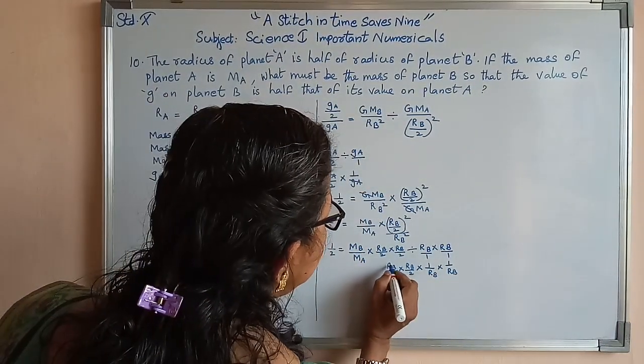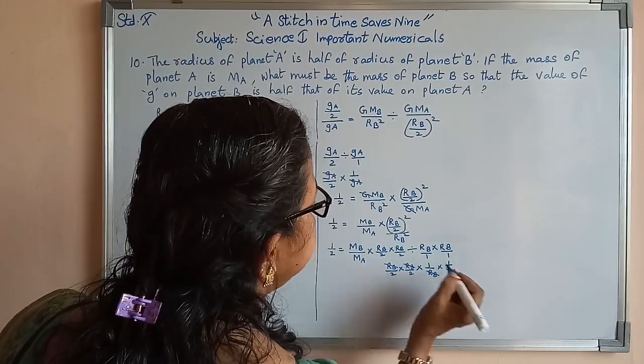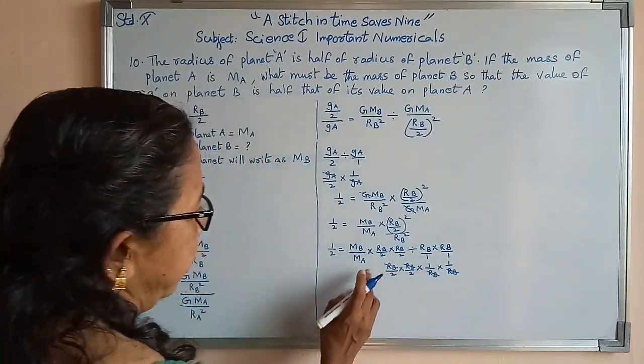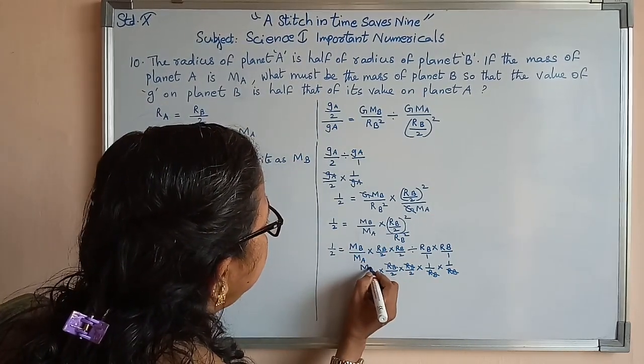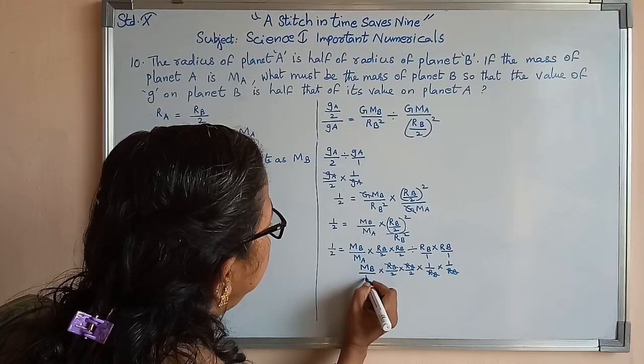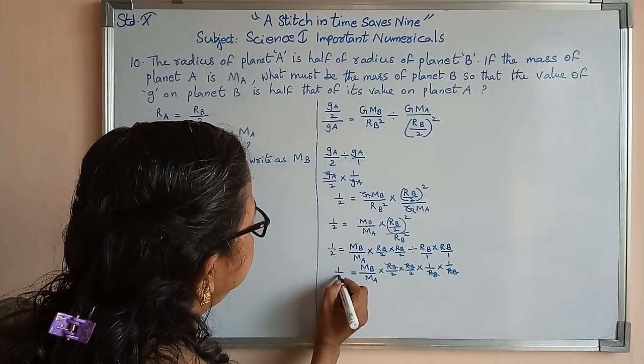So here this cancels, this cancels, this cancels and this cancels. Then the values that remain are Mb upon Ma, and that is equal to half.